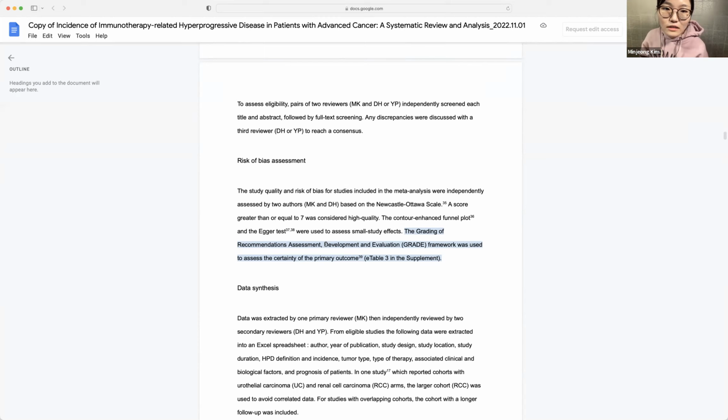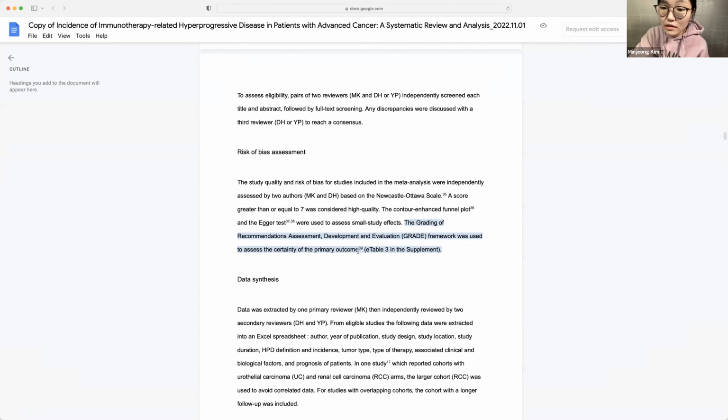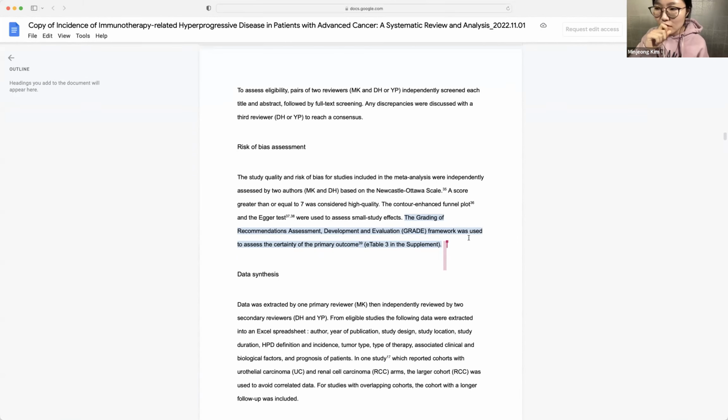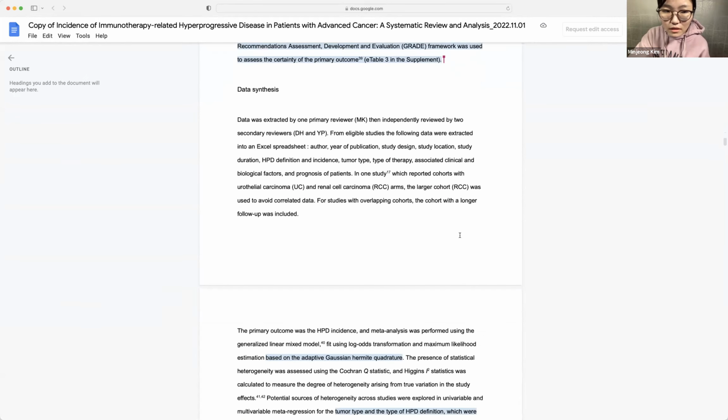So that's something that has been added this time, and the entire table is in the supplement if you do want to take a look. It's basically a table summarizing the results with different sections of was there publication bias, was there risk of bias, and so on. Okay.